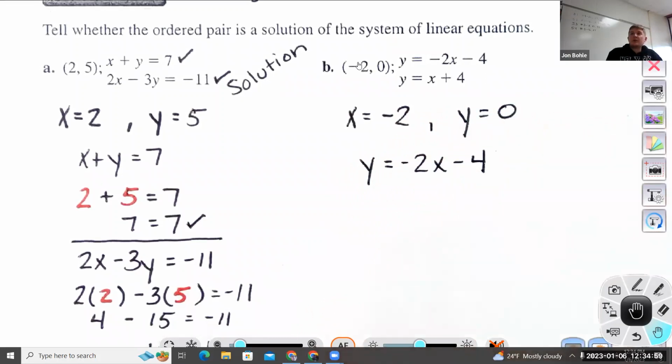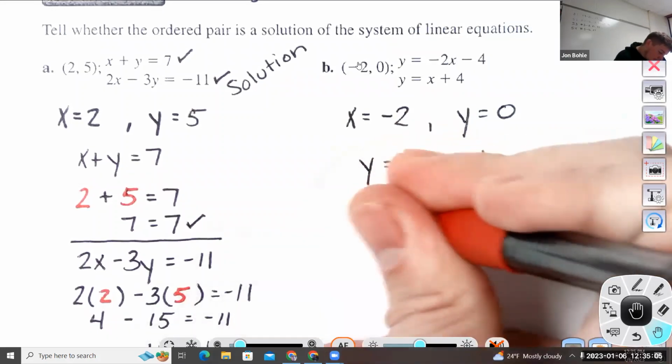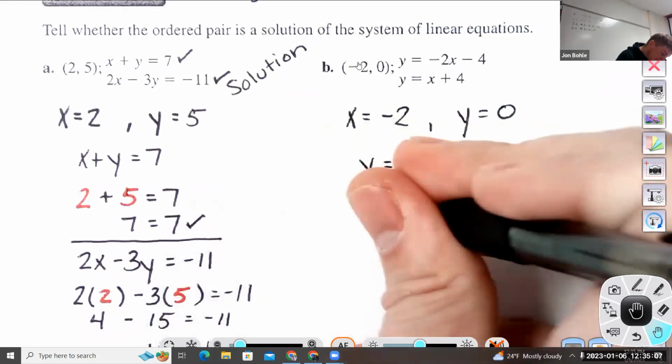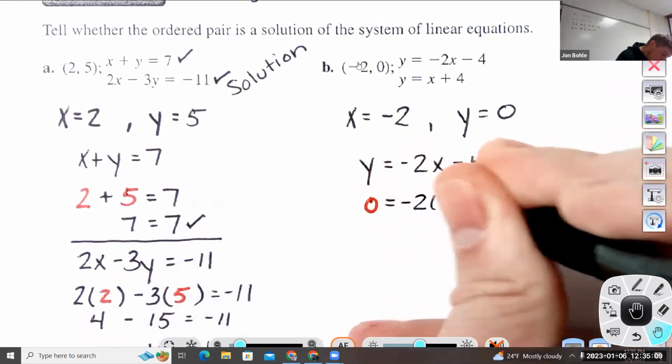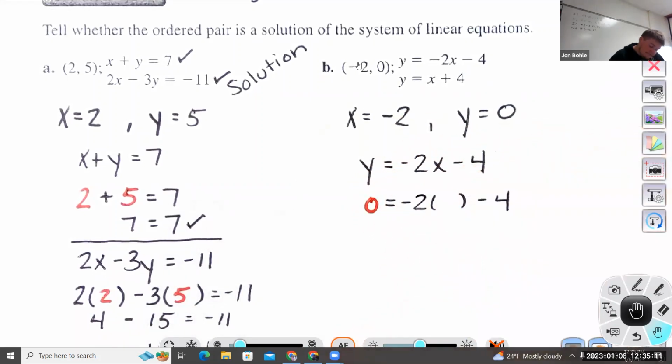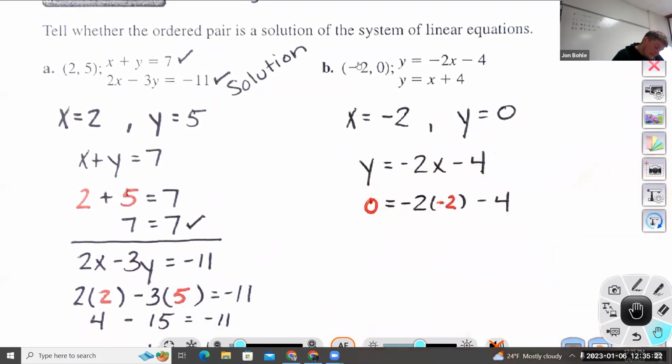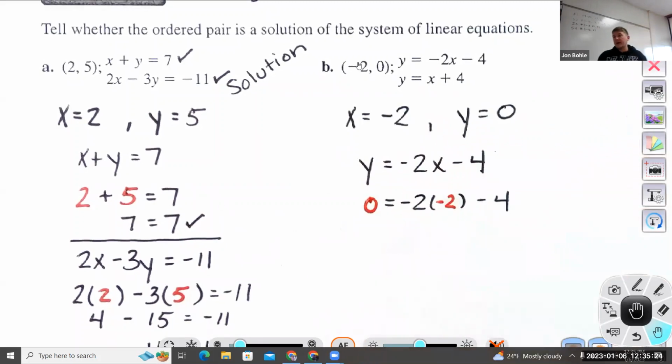All right, what number is going to replace Y here? 0. What number is going to replace X? -2. And now I just simplify.